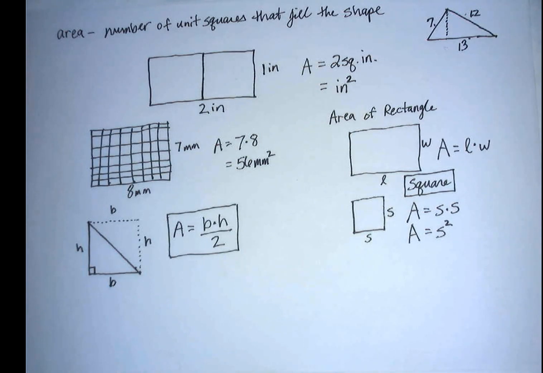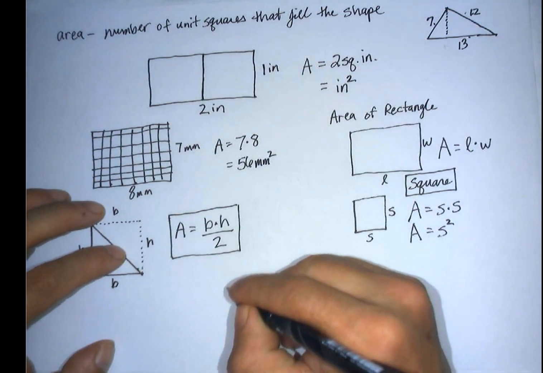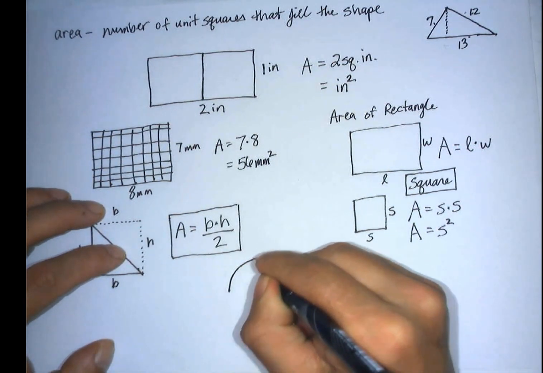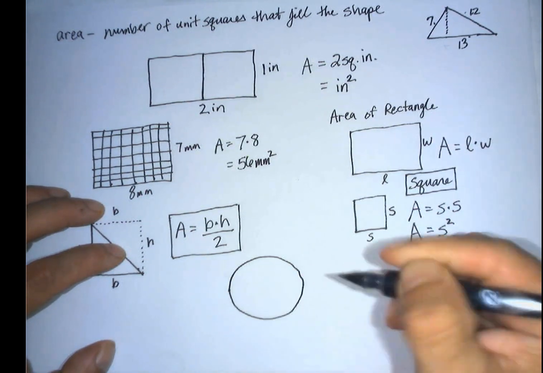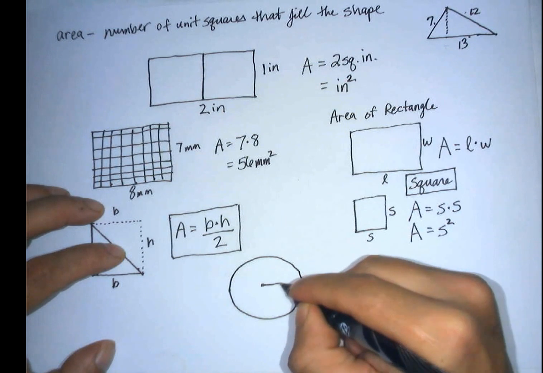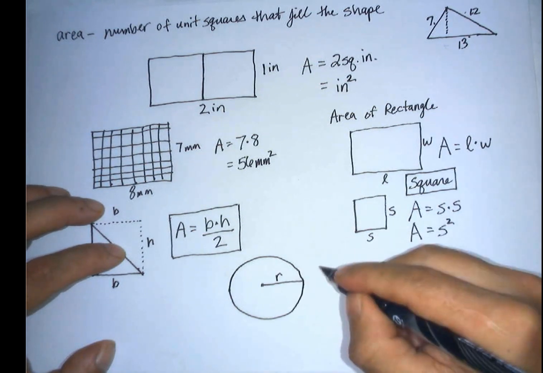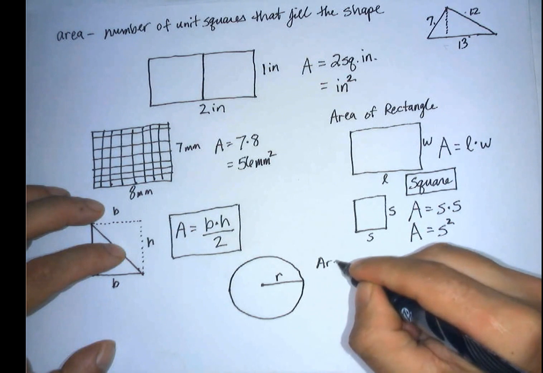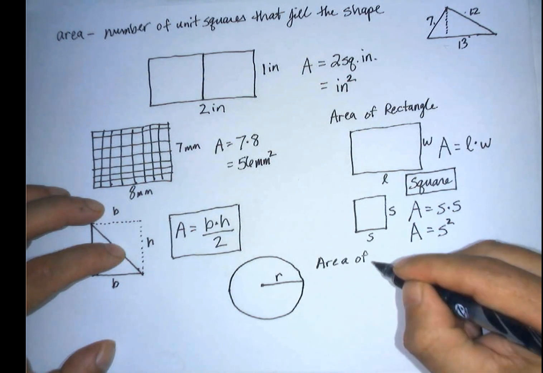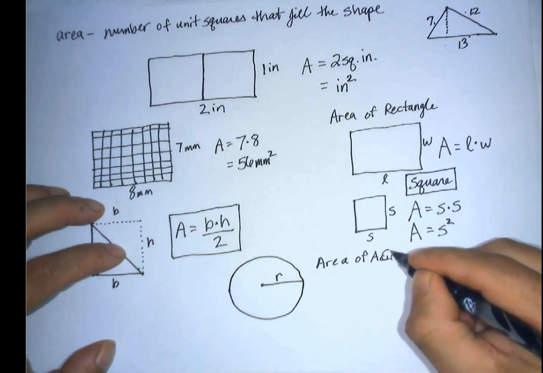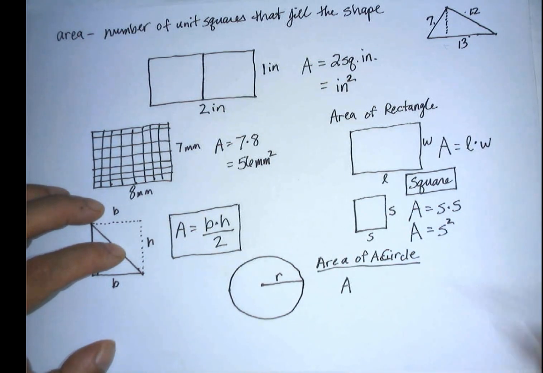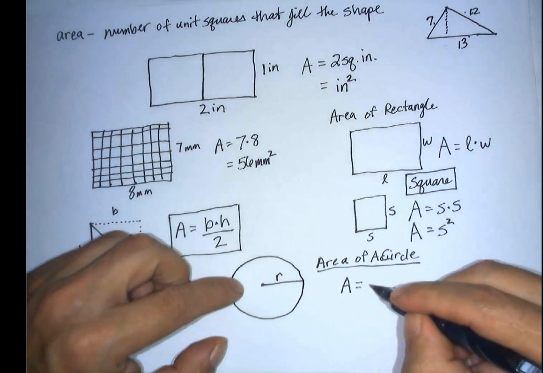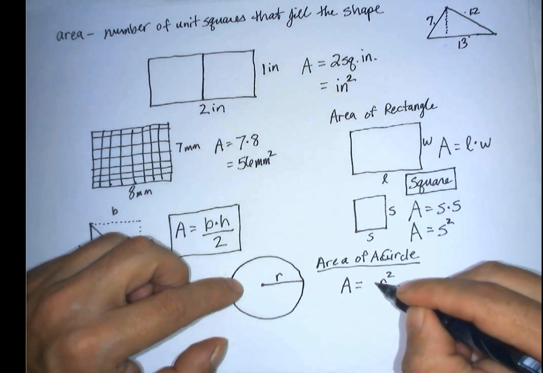And the trickiest one to explain, because we really can't explain this fully without calculus, is the area of a circle. But we still can cheat because we get the formula from calculus, which we will do much, much, much later. So if we're given the radius of a circle, the area of a circle, I'm going to use that capital A, is the radius squared times that number pi.